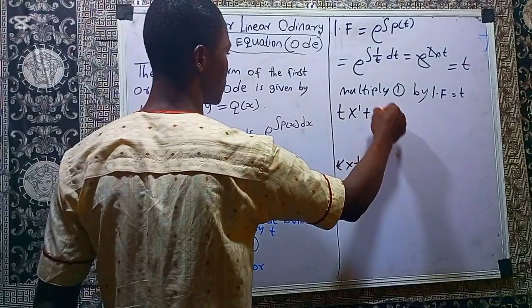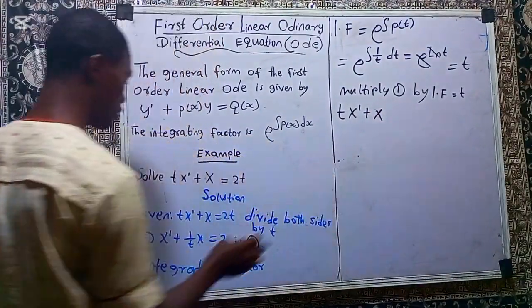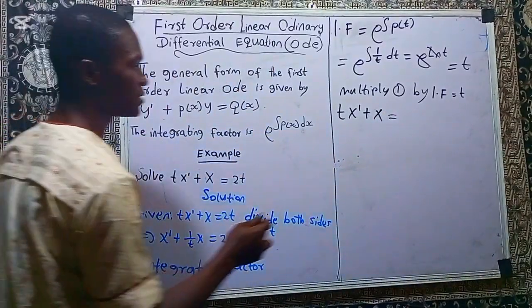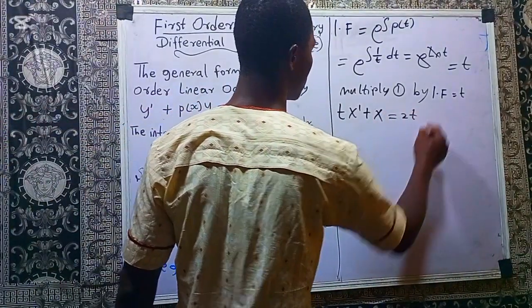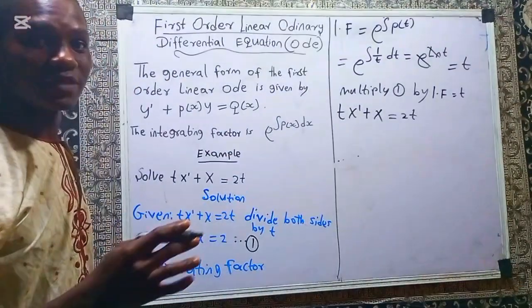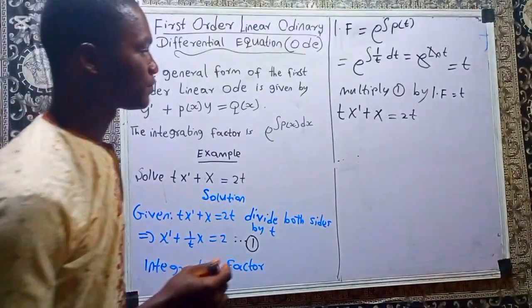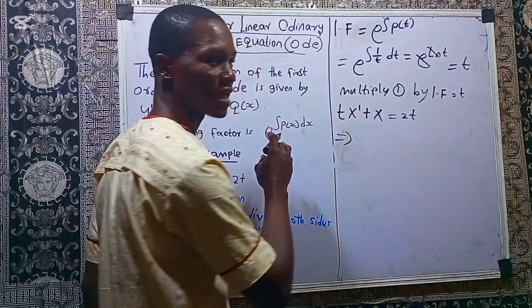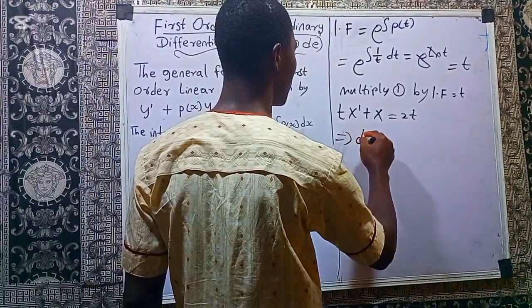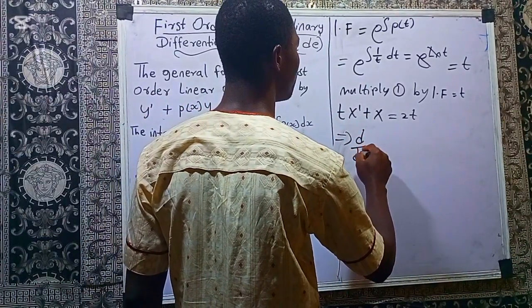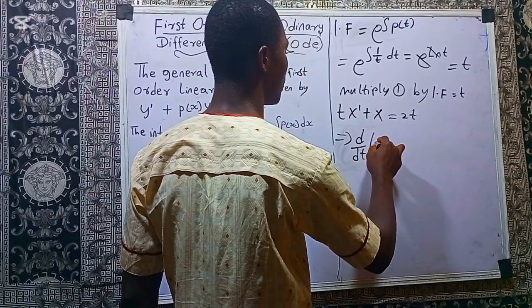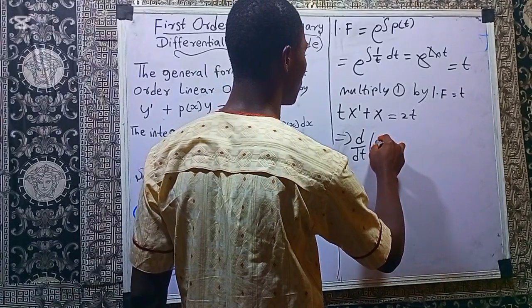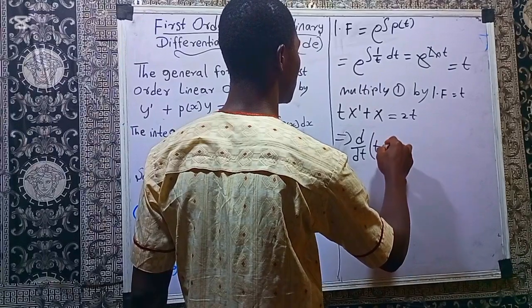So we have x, equal to 2 multiplied by t, we have 2t. So we have multiplied both sides by t. This will imply the left hand side will give you the derivative of the product of the dependent variable and the integrating factor, tx.